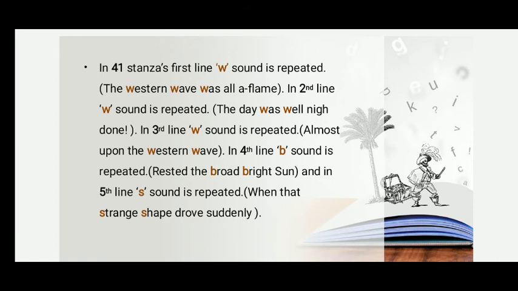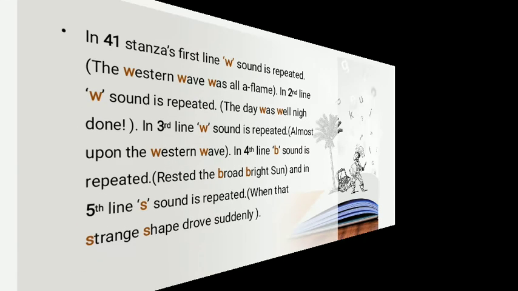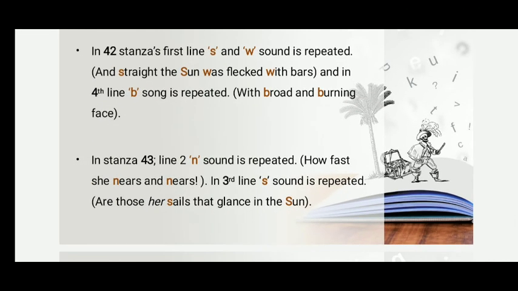And in the fifth line, the S sound is repeated: when that strange shape drove suddenly. Number 6, in the 42nd stanza, first line, the S and W sounds are repeated: and straight the sun was flecked with bars. And in the fourth line, the B sound is repeated: with broad and burning face.